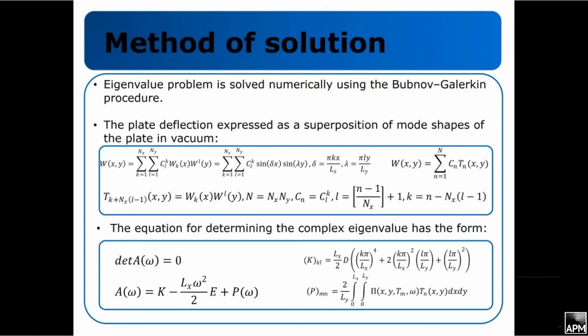And the equation for determining the complex eigenvalue has this form, where K is a matrix which introduces the definition of the material plate properties, E is the identity matrix, and P is the aerodynamic matrix.